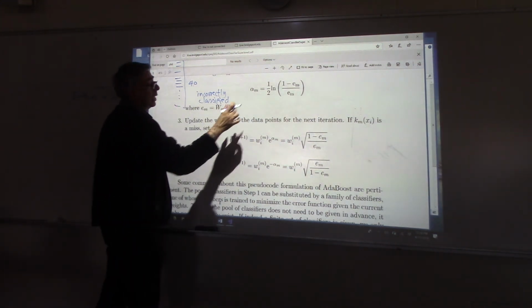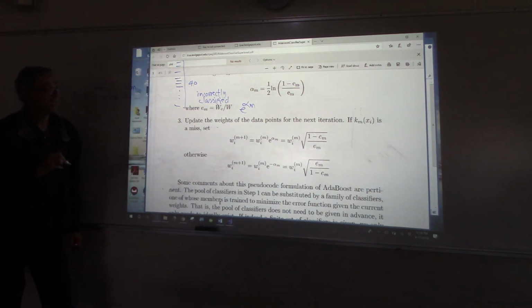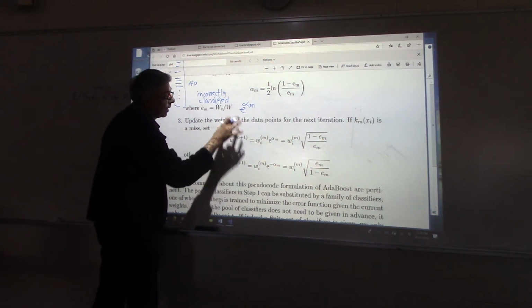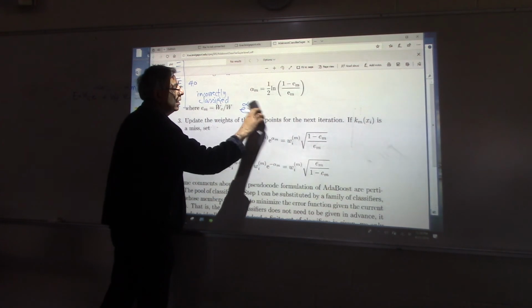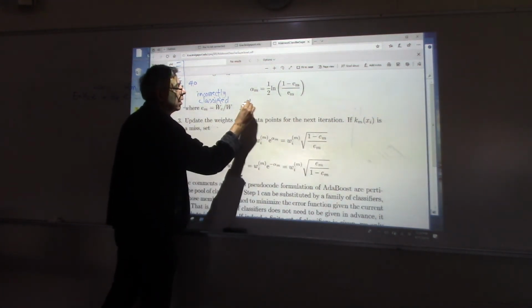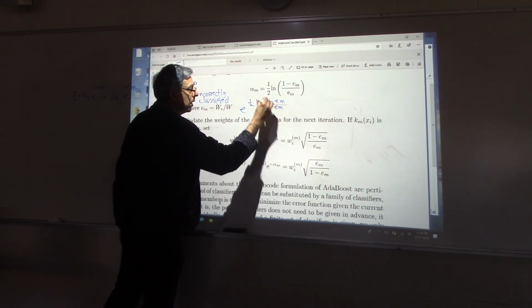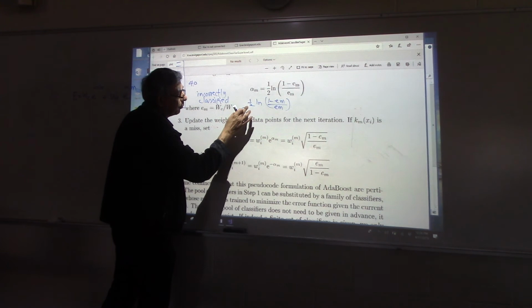So we increase their weight by e to the alpha_m. The exponent of this becomes e to the half log of (1 minus e_m) over e_m, right?